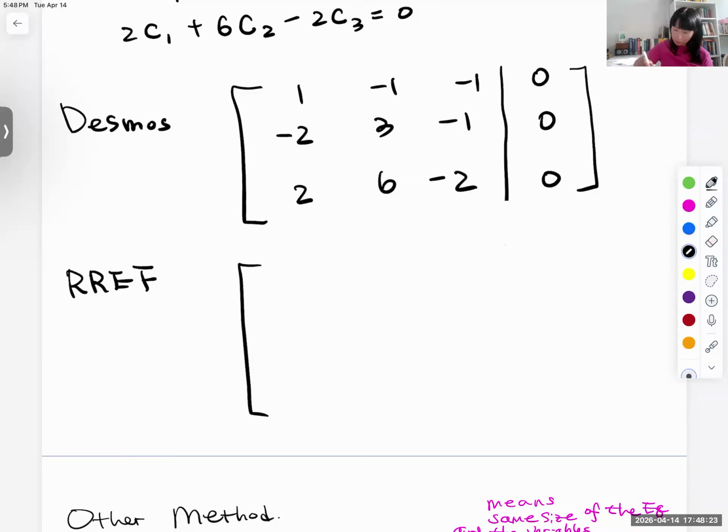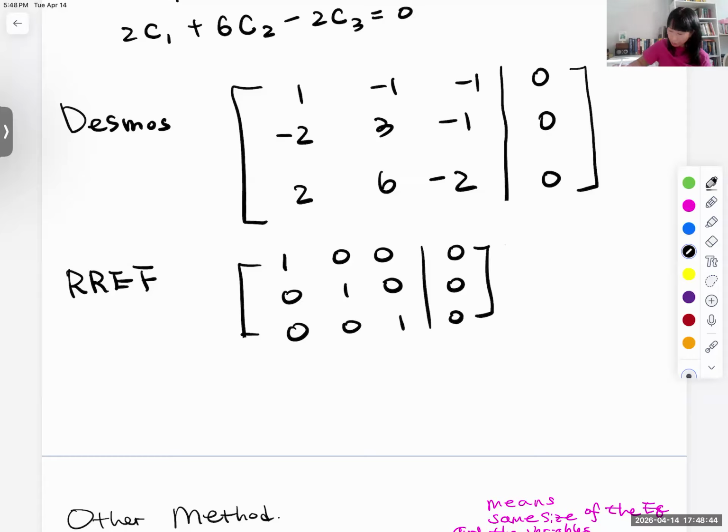So we get 1, 0, 0, 0, 1, 0, 0, 0, 1 and 0, 0, 0. Okay, so that means c sub 1 equal to 0, c sub 2 equal to 0, and c sub 3 equal to 0. Yeah. Okay, so it's a trivial solution.